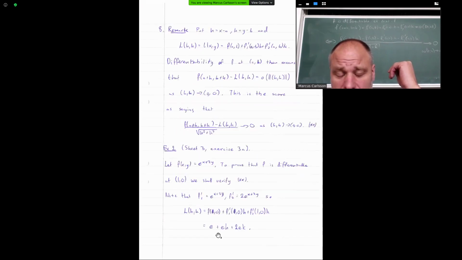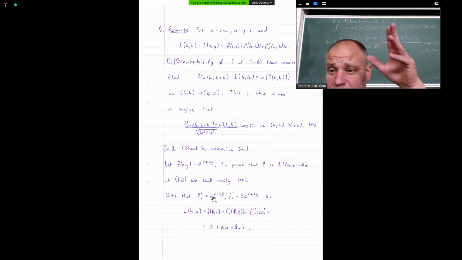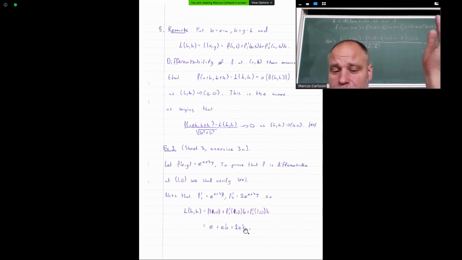Okay, so let's make this concrete anyway. Let's look at this example. At the value (1,0), the function value is 1, right? And the first derivative is this, the second derivative is this, which at (1,0) are e and 2e. So the linear approximation is just this: a number times h, and another number times k.